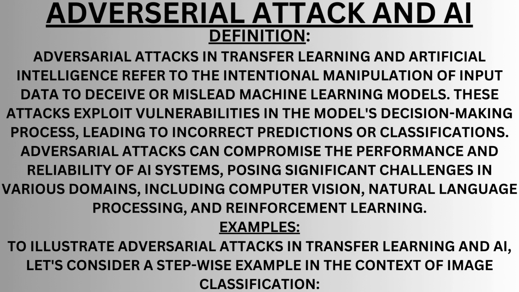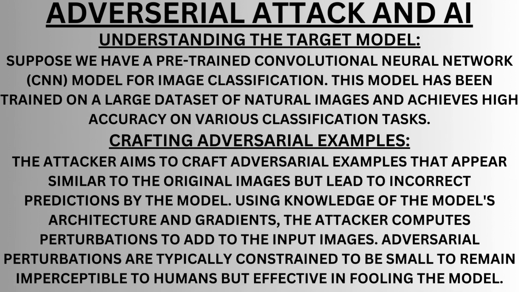Examples. To illustrate adversarial attacks in transfer learning and artificial intelligence, let's consider a stepwise example in the context of image classification. Understanding the target model. Suppose we have a pre-trained convolutional neural network, CNN, model for image classification.